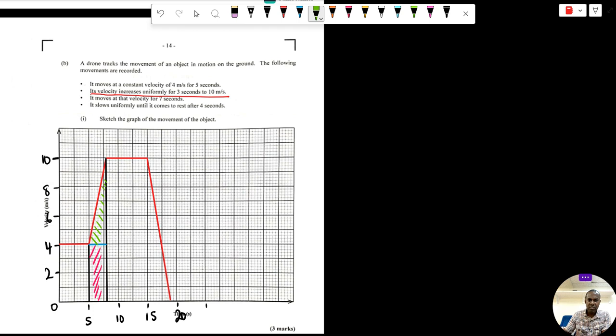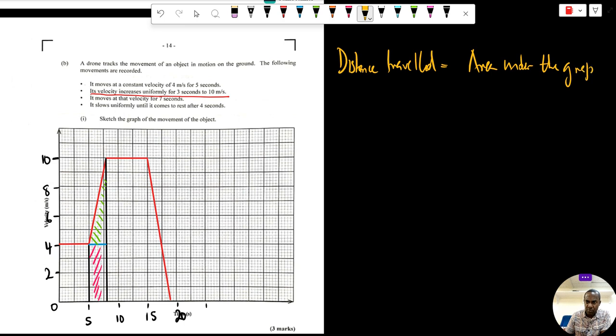right? So let's go ahead and find the distance traveled between 5 and 8 seconds. So the distance traveled is equal to the area under the graph, right?